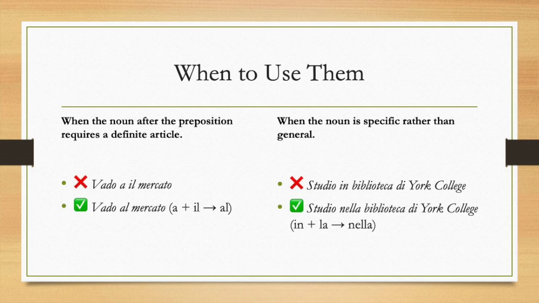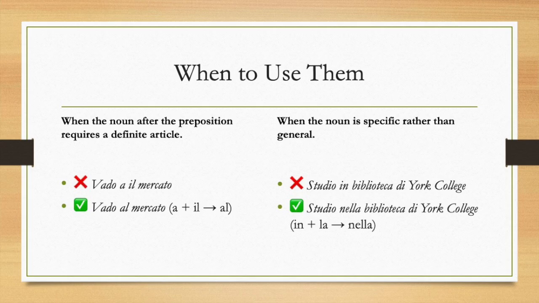I study in the library of your college. So the simple preposition in biblioteca tells us you are talking about libraries in general, while the articulated preposition nella biblioteca shows that you're pointing to a particular library, one known in the conversation.